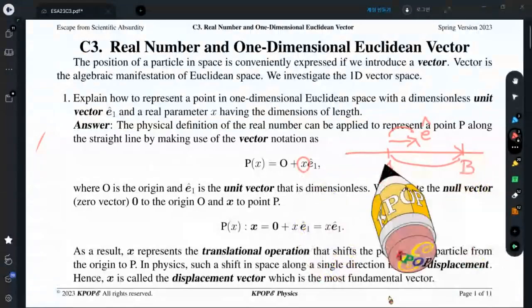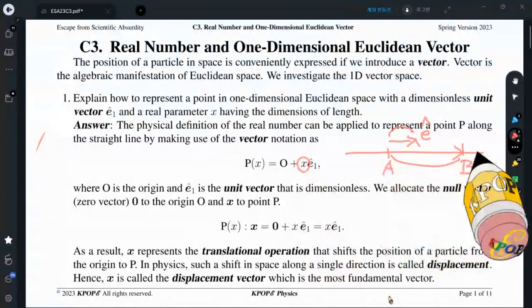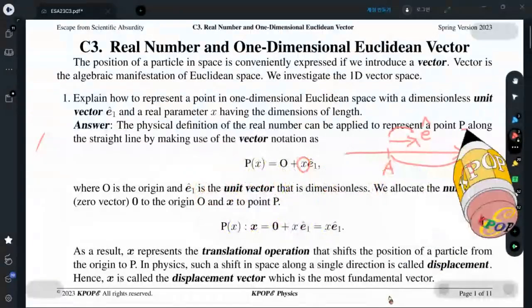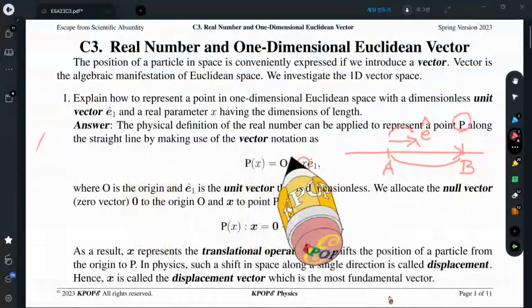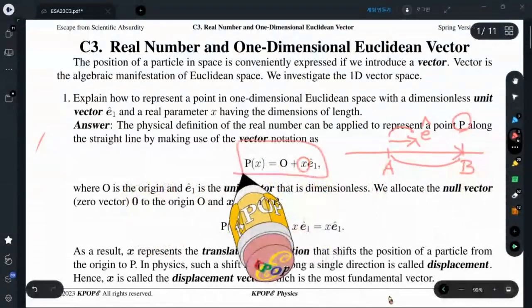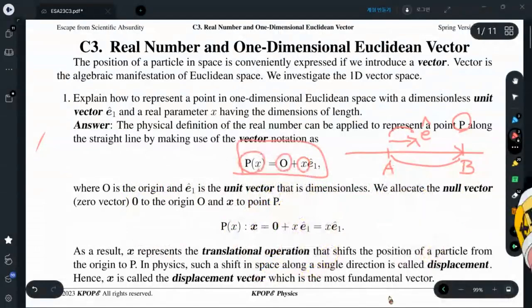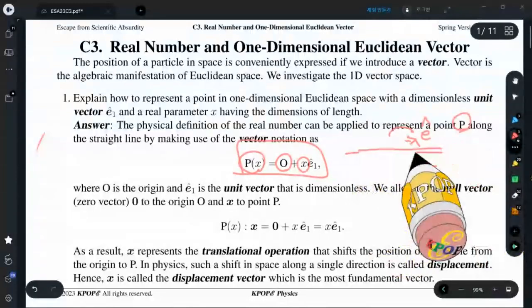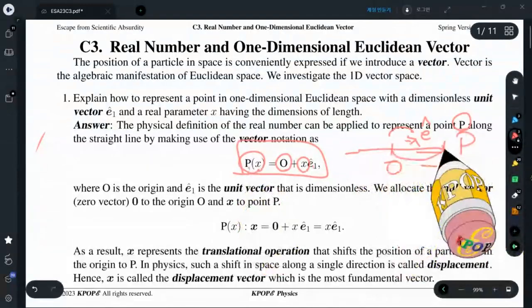In this case, it is representing space. The physical definition of the real number can be applied to represent the point P along a straight line by making use of vector notation as this one. This is a point. This is a reference point. Let me replace this with the origin.